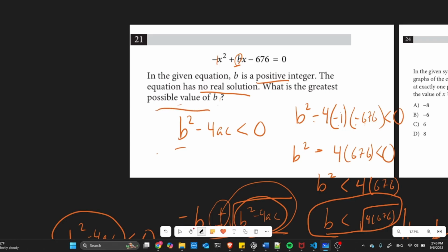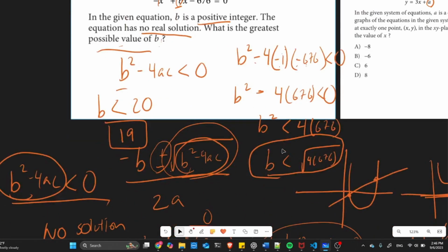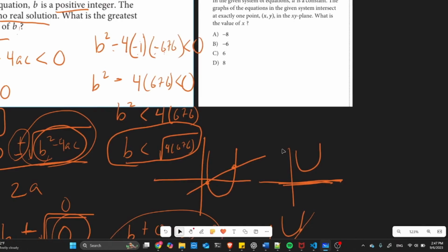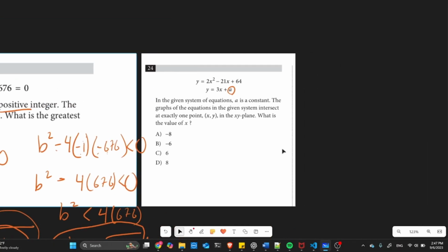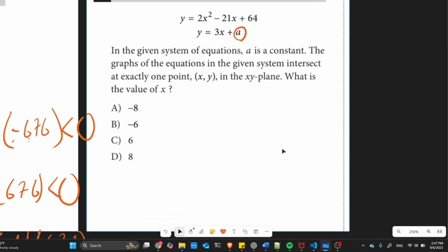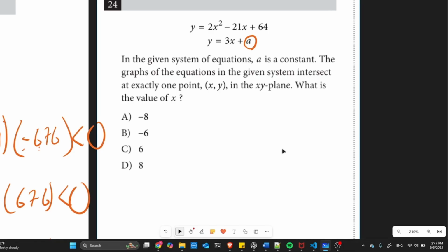Well, let's say b is less than, like, let's say 20, right? Your greatest possible value, because it's a positive integer, it'll have to be 19, right? Because it has to be the greatest number that it can be that's less than 20. I hope that explanation makes sense. It's one of the harder questions, but it's guaranteed to be on there. Okay.